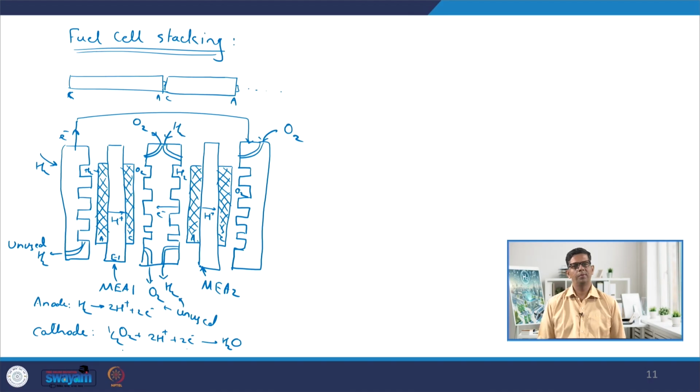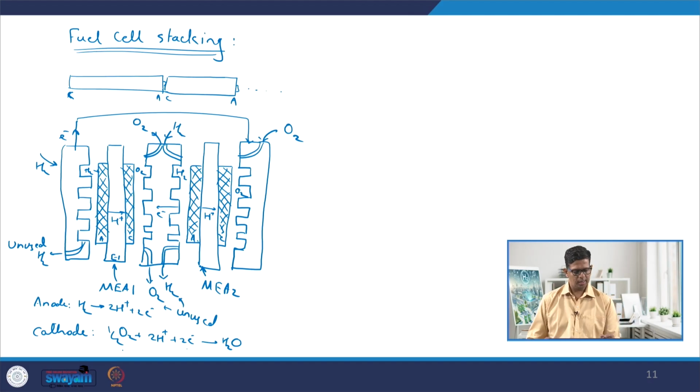There could be a few differences in terms of millivolts, that should be okay, but by and large the operating potential of the cell also should be the same, and that is the way we can say that both of the cells are performing well and there is no discrepancy in terms of their power outputs.